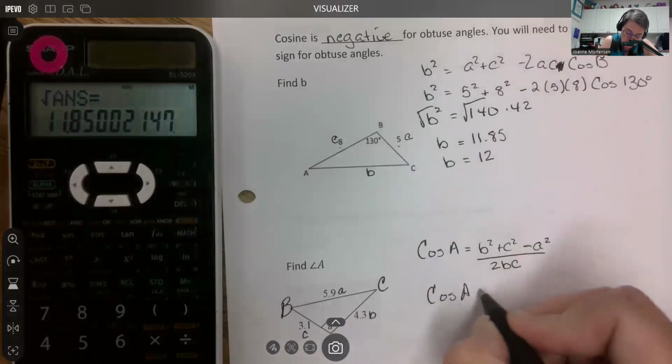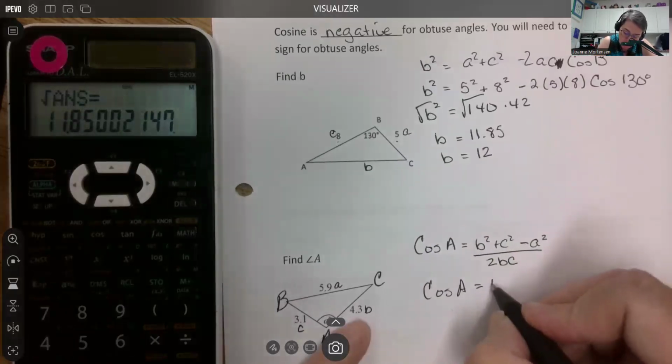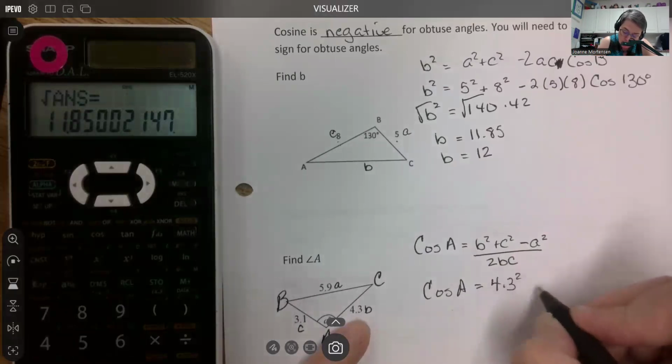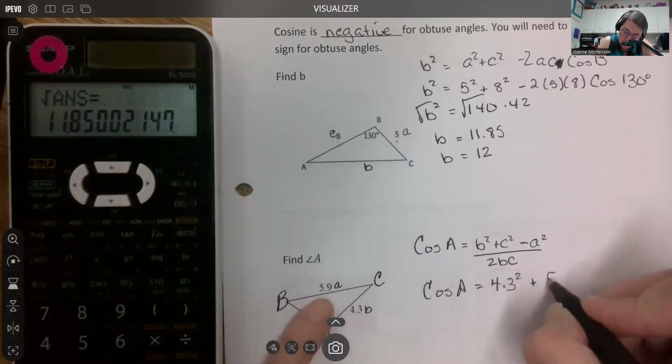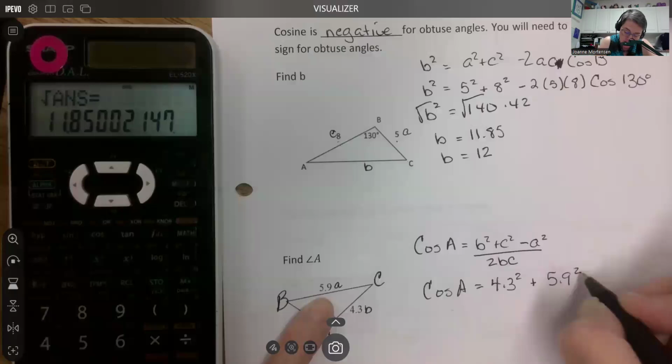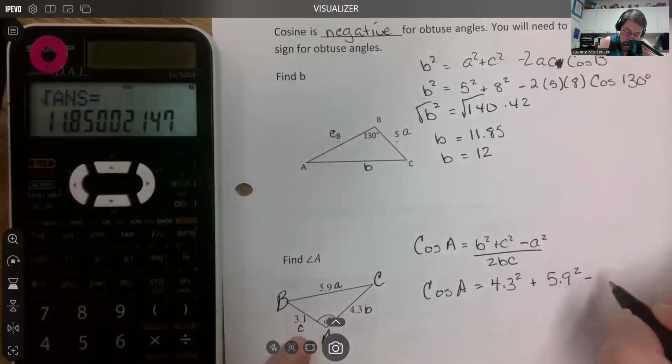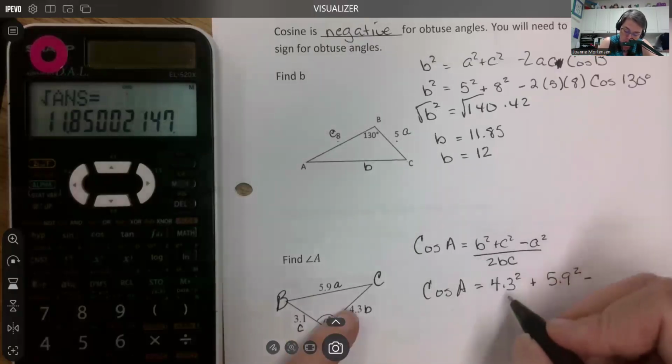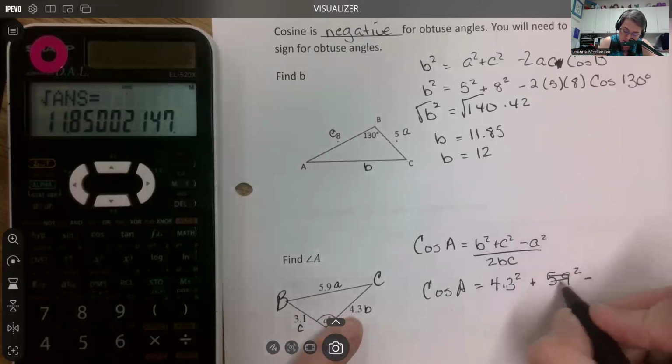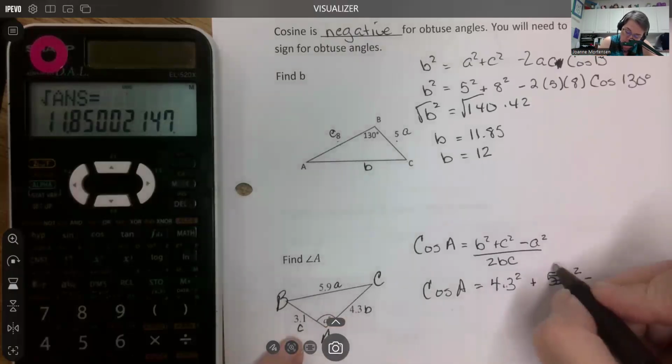All right, let's plug this stuff in. Cos A is equal to 4.3 squared plus 5.9 squared minus, hold on. B is 4.3. This is not the right one. C is 3.1.